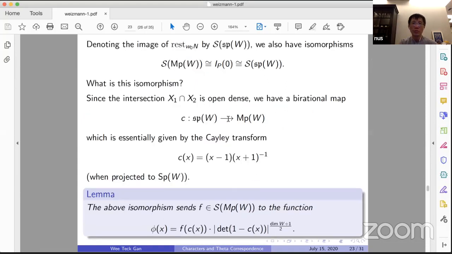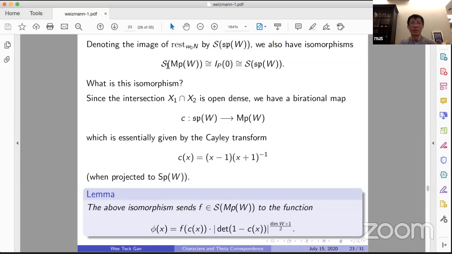Now let's denote the image of the other restriction to the open Bruhat cell. Just call it S of SPW. Think of it as some space of test functions on the Lie algebra. Of course, we also have an isomorphism of this degenerate principal series with this space.